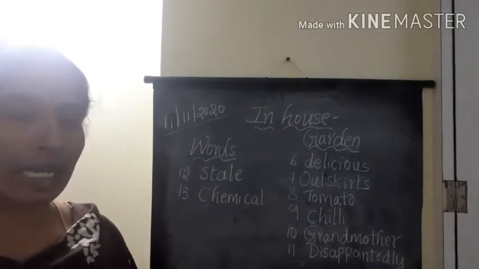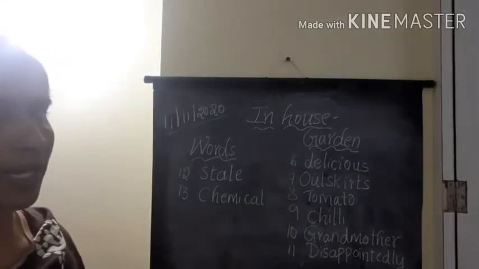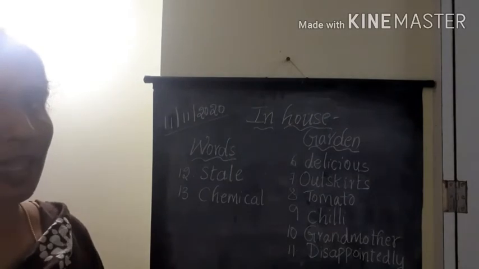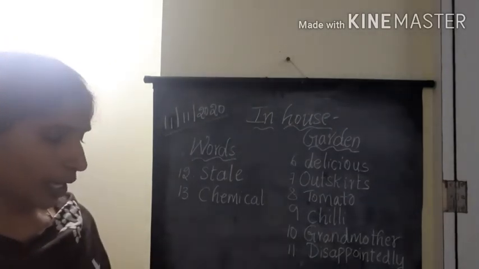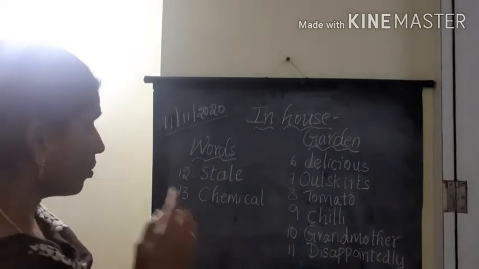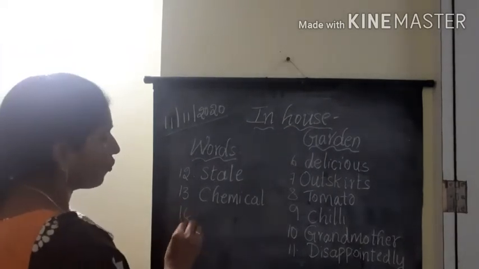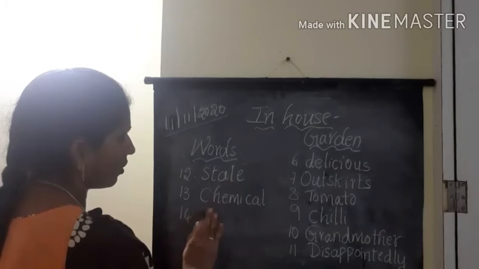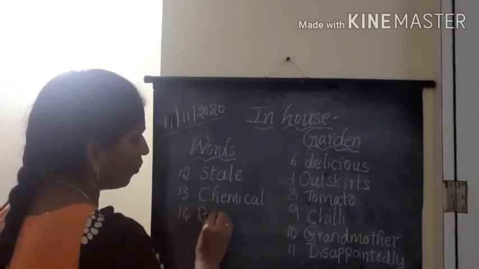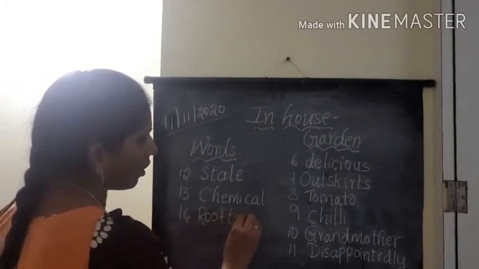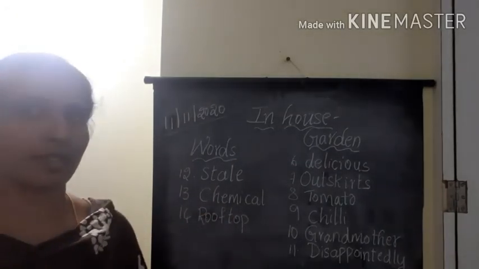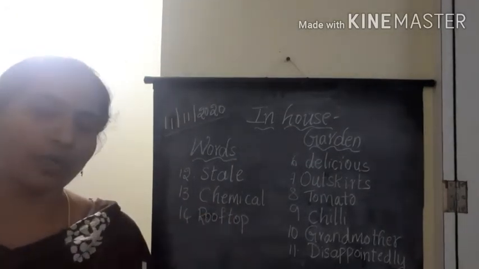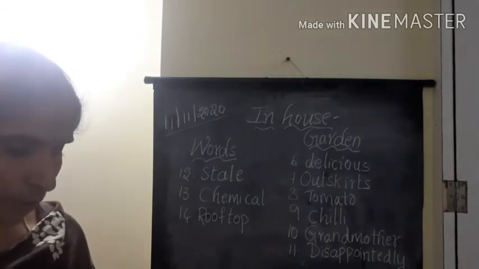So she was not buying any vegetables in the market. And she started to keep a garden, a rooftop garden. Rooftop garden means on the terrace, above the house, she wanted to make a garden.